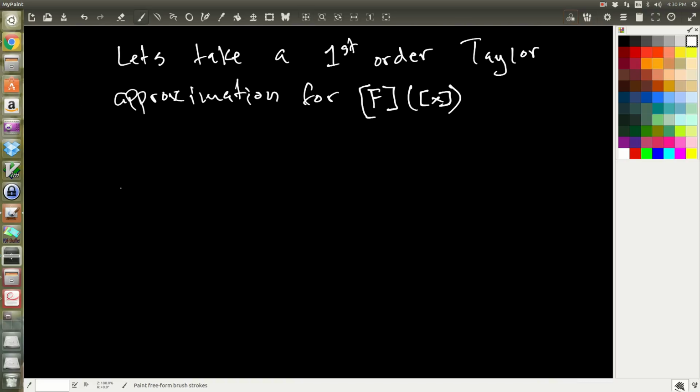So let's find the Taylor series expansion of f1. So f1, remember, takes a vector x. So I'm going to expand it about a vector xi, my centering vector, and we're going to predict it at a point xi plus 1.